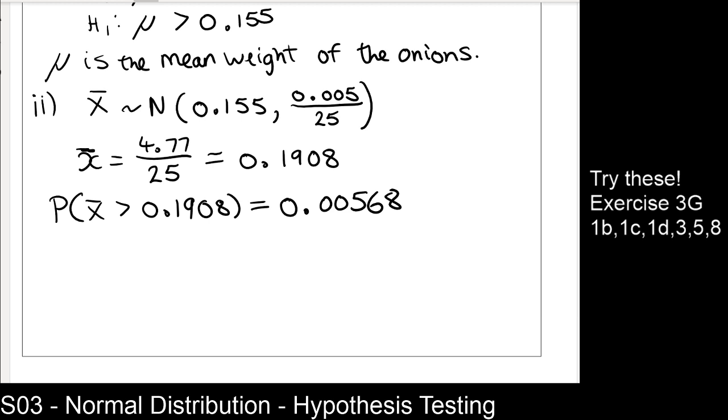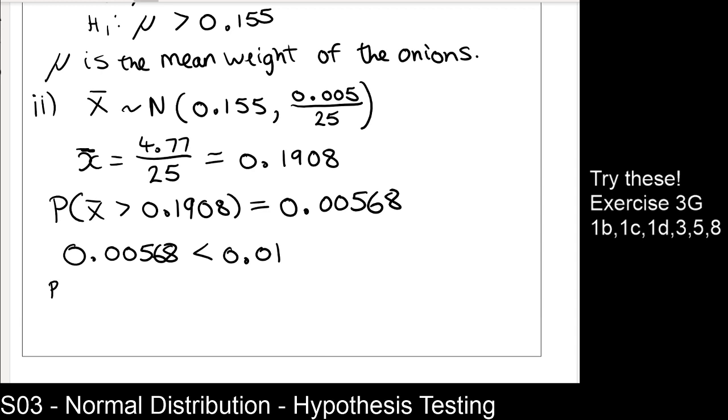So that's obviously quite a low probability. So if you're stating that the mean is 0.155, you've got the variance that's given there. Then we compare it to the 1% significance level. So that's going to be 0.00568.